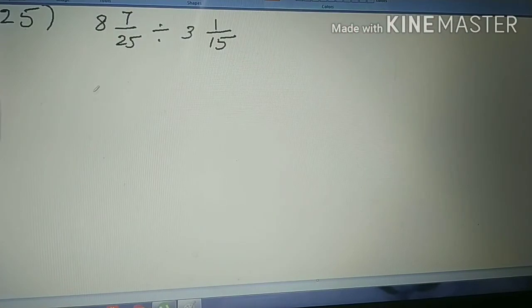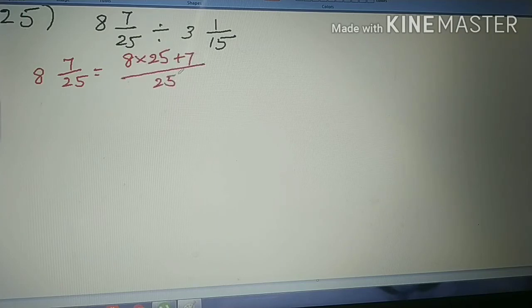Now see our next problem, 8 7 by 25 divided by 3 1 by 15. So this also I am writing separately. For the first fraction 8 7 by 25, I am converting this mixed fraction into an improper fraction: integral part 8 into denominator 25 plus numerator 7, divided by denominator 25.